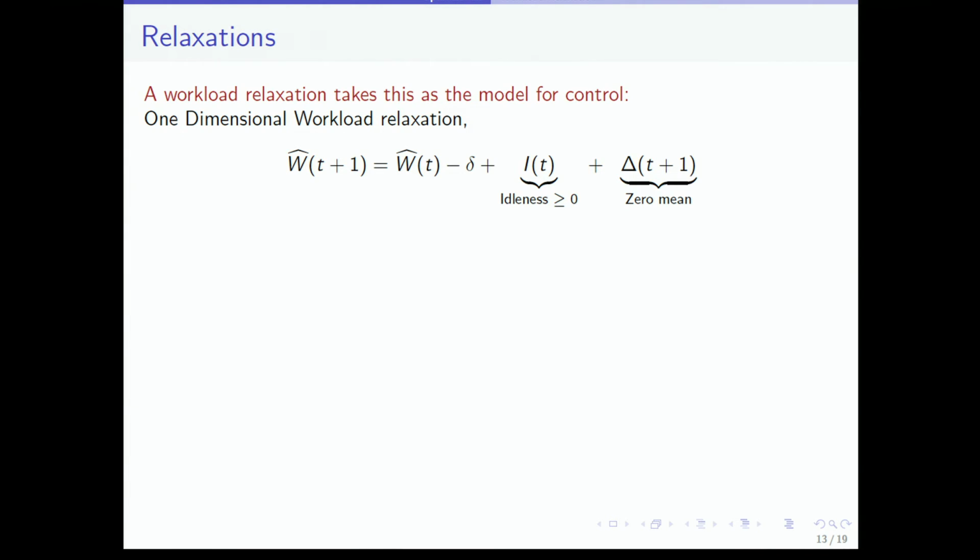Now I will only consider what happens for that given workload process, and my new dynamics becomes this: the arrival rate, my idleness, and then I'm left with something that has 0 mean.